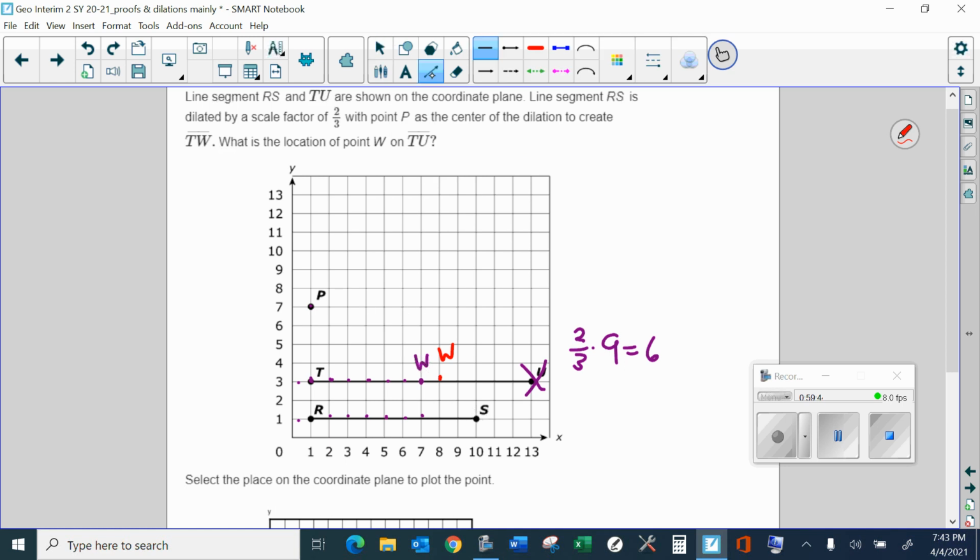Now, if I do it again through this point, notice it goes right to it. So you could have, without even doing the calculations, if you didn't want to, just lined up S to the center of dilation, and W has to be somewhere along this line. And obviously it's intersecting with this line, so it only puts it right there.